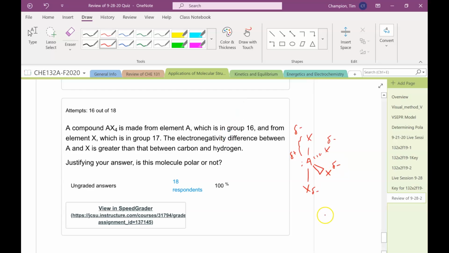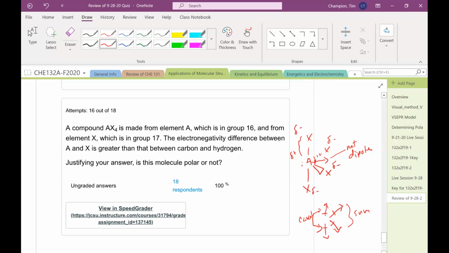If we drew the dipole moments, I'd have one going up, one going down, one going back, and one coming back this way, which is kind of hard to render. If I average those, these two would cancel out, but these two over here add up. They sum up, and so our net dipole on this molecule is going to be something that looks like that. That would be our net dipole.